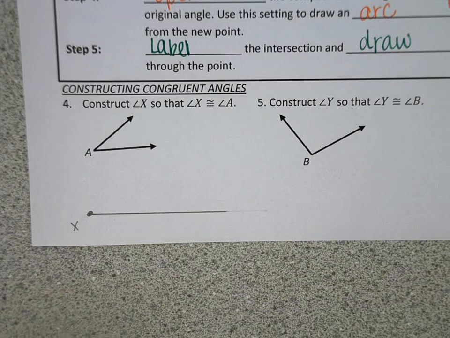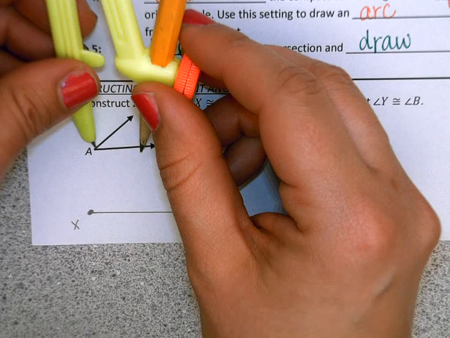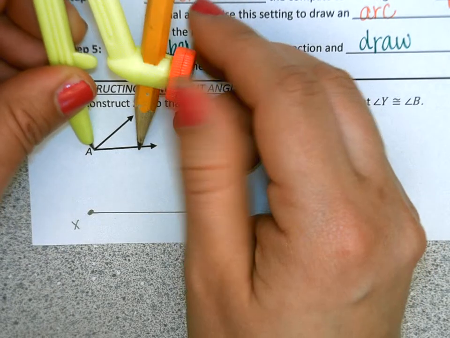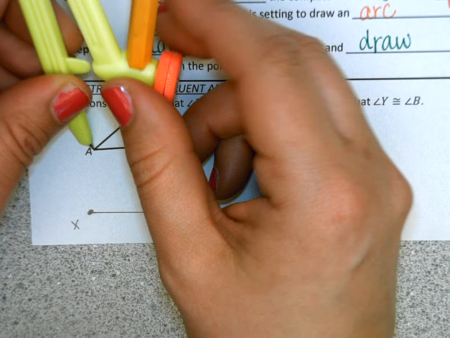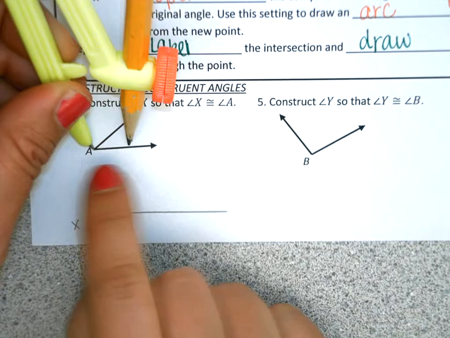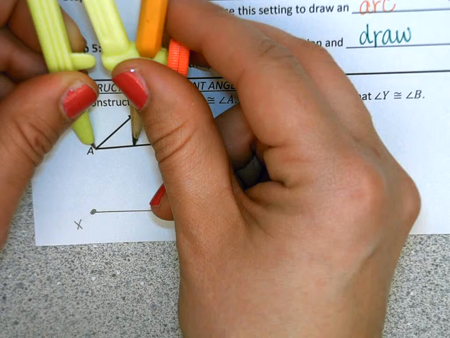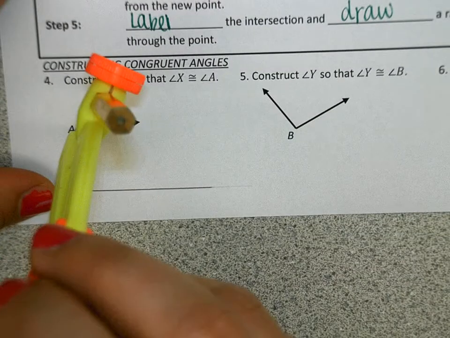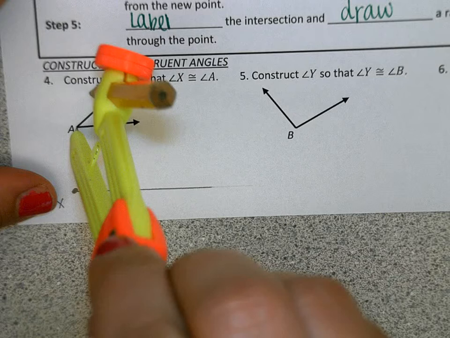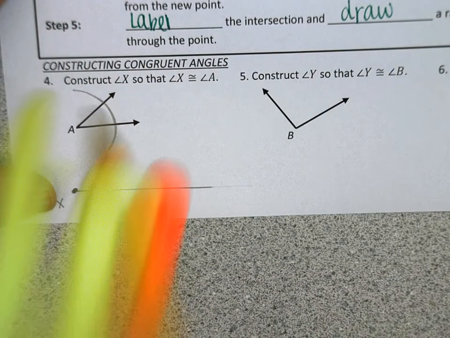Okay, here's what we're going to do. Take your compass, put the endpoint on the vertex of the angle, and open it so that it will intersect both the legs. If you open it too wide, it's not going to intersect, so make sure that it touches both. Then draw an arc that intersects both legs.